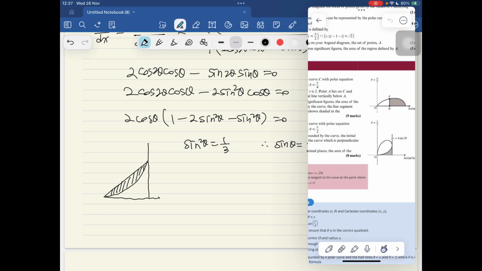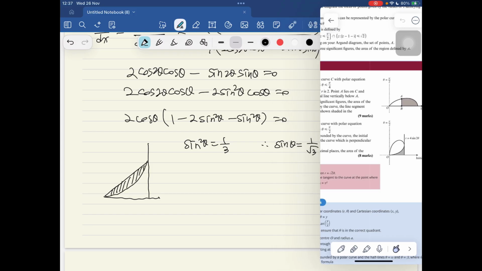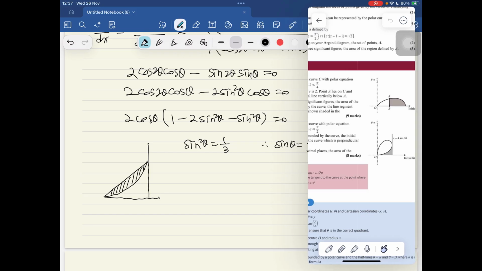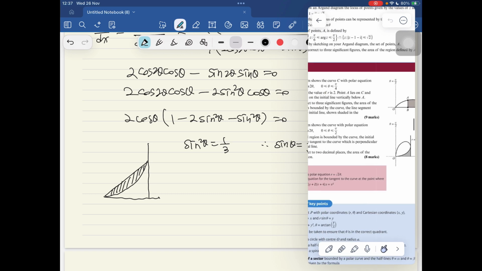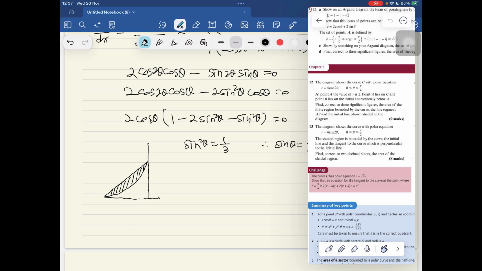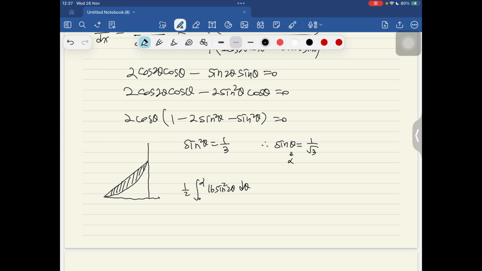This part is from the integration of this graph. We don't know this theta yet, so let's call it alpha. So integral 0 to alpha of half of 16 sine squared 2 theta d theta. We subtract this from here.